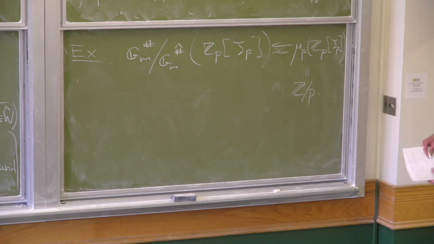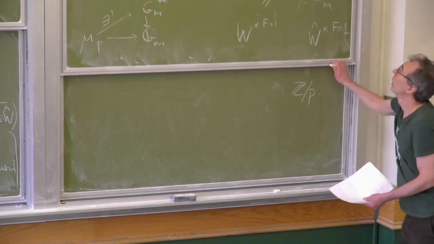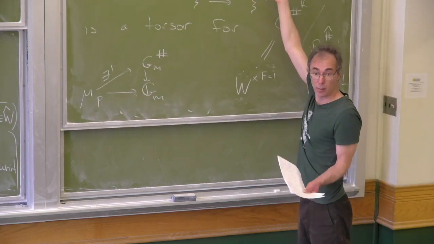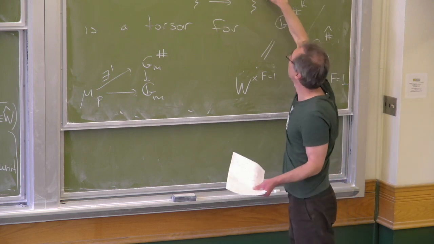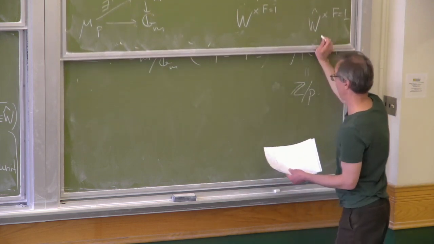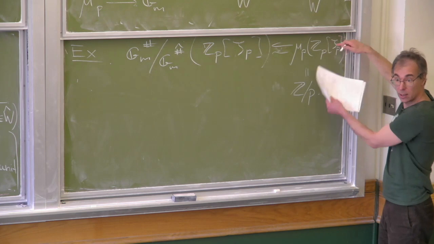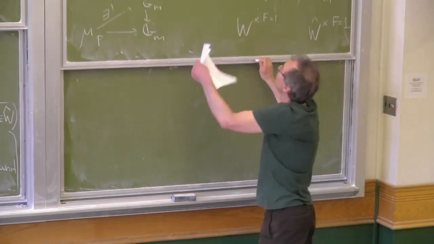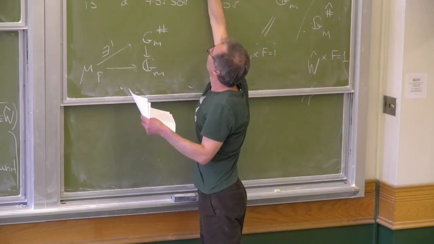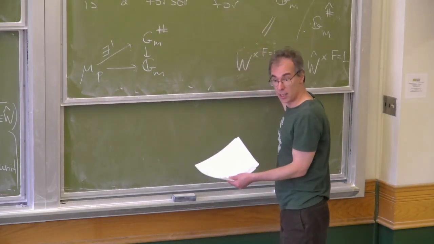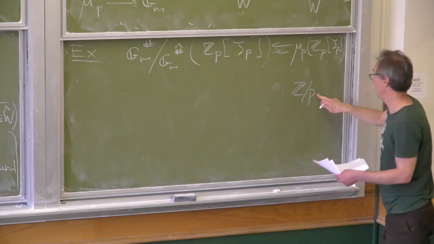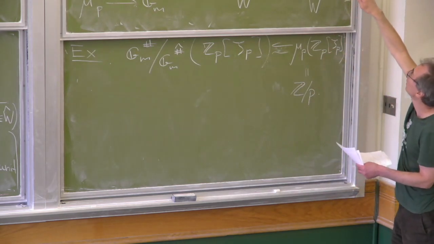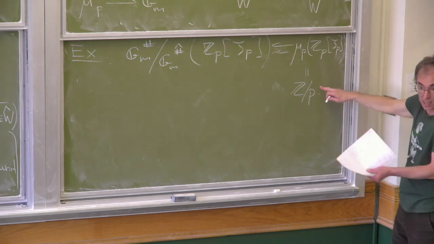Let's take a concrete example. Let's take a point P here. Well, P is a Z_p point, but I can consider it as a point with values in this larger ring. And then the claim is it has one shearing, right? I can just take P here. But the claim is that there are many shearings, namely this point P in Z_p prismatized of this ring has precisely p shearings.